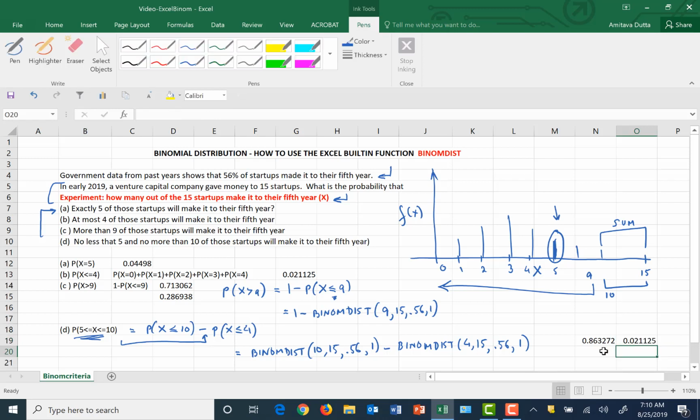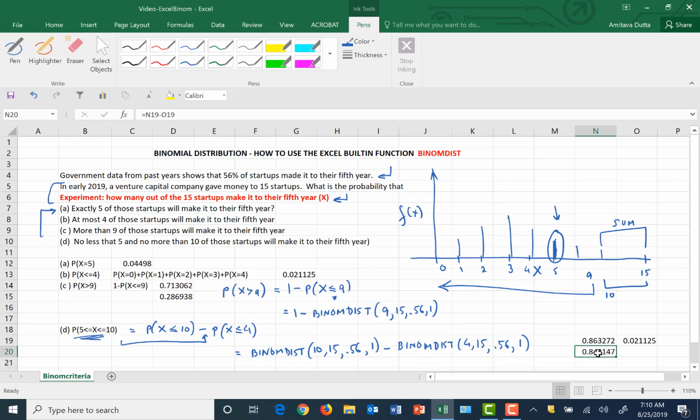Those are the two numbers corresponding to this one and this function. You subtract the two, so it's 84%. So the likelihood that no less than 5 and no more than 10 of these startups will make it to their 5th year is 84%. That's what we found over here.